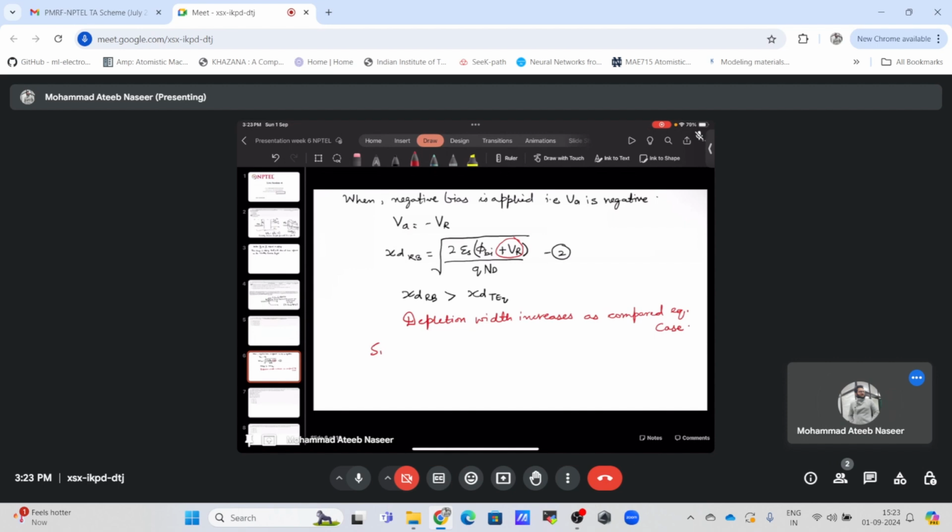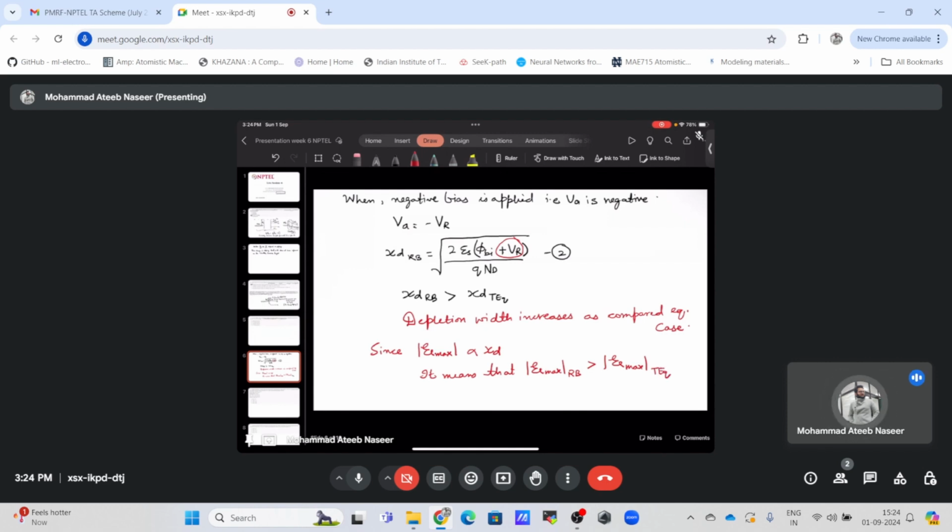Since Emax is proportional to XT, the magnitude of the maximum electric field for the reverse bias case will be greater than the maximum electric field under thermal equilibrium.